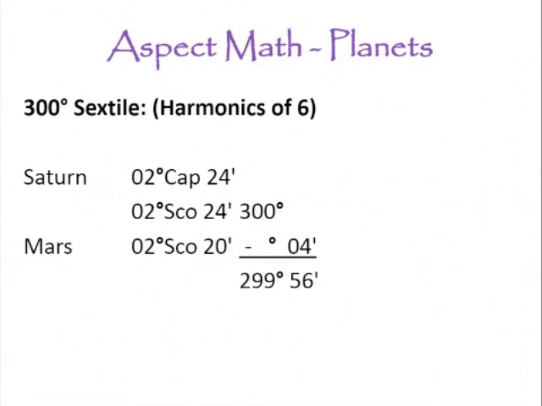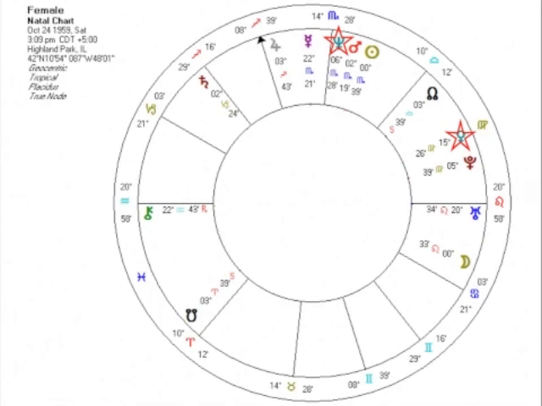Now, next example, same chart, but here we're going to look at Neptune and Venus. And if we look at it visually, Neptune, of course, slower moving planet, goes almost all the way around the chart to get to Venus.